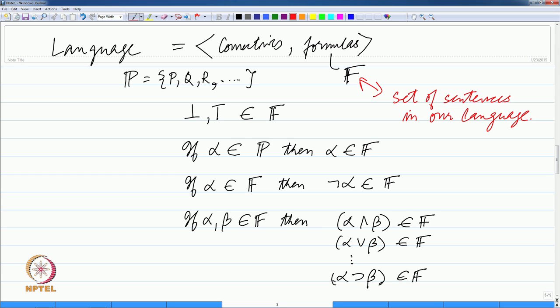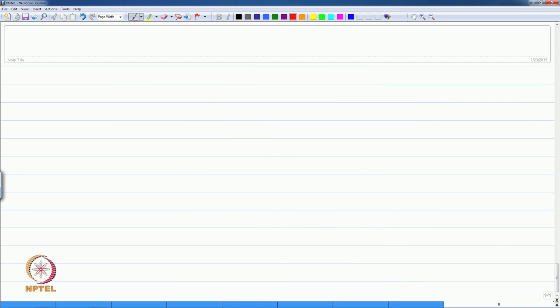So, let us talk about the truth values of sentences, or semantics, which is concerned with truth values.